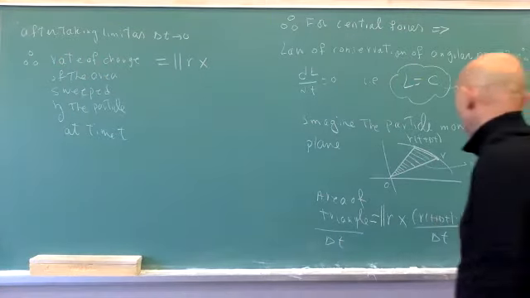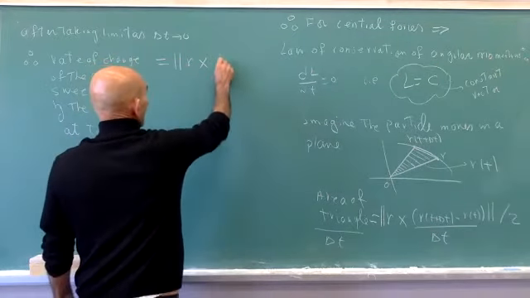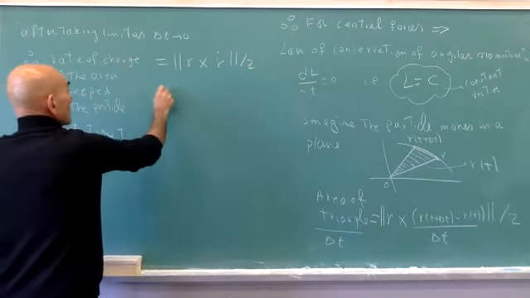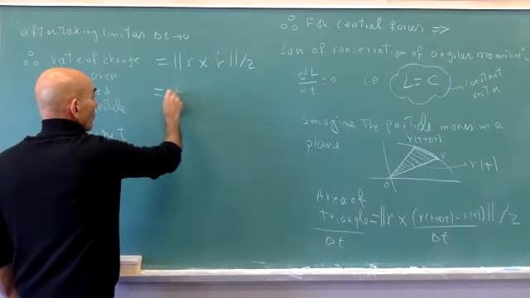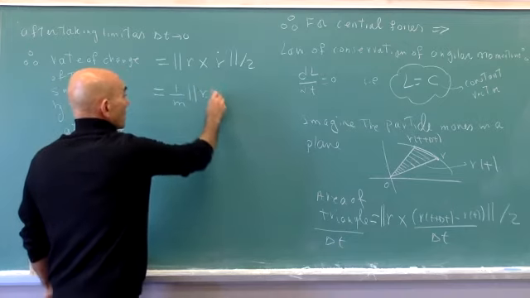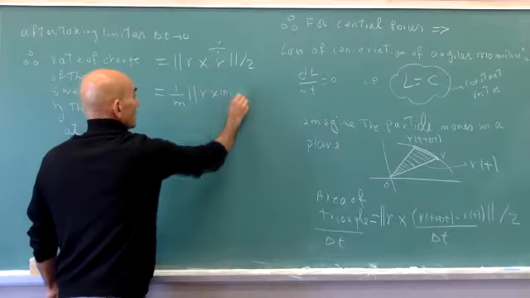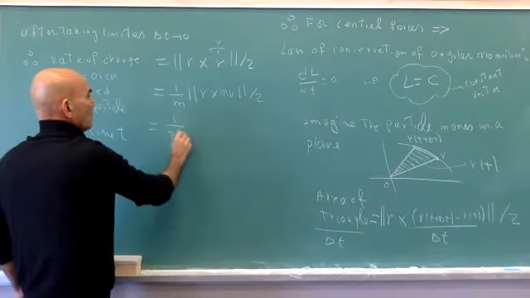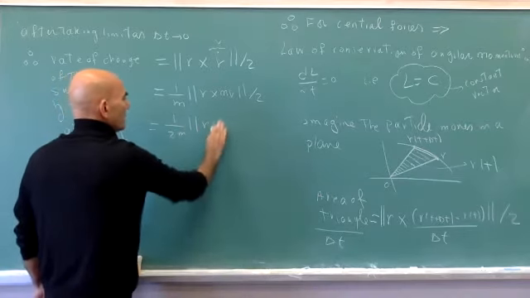R dot, divided by 2. I can just write it as 1/2 times the norm of R cross, well, this is V, so mV, divided by 2m. So that's equal to 1/(2m) times the norm of R cross mV.